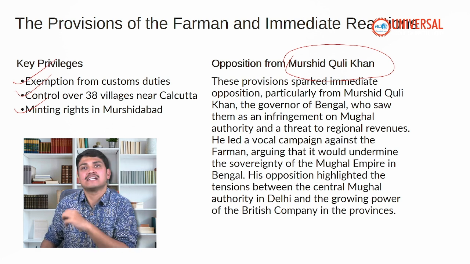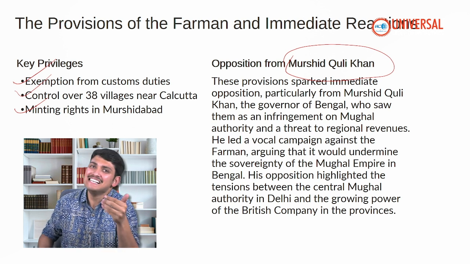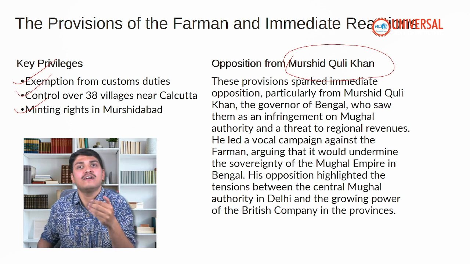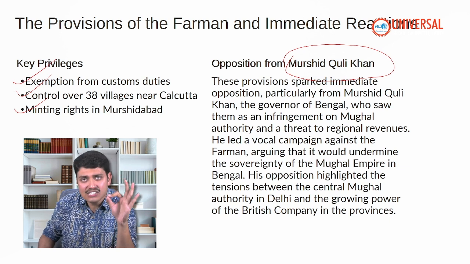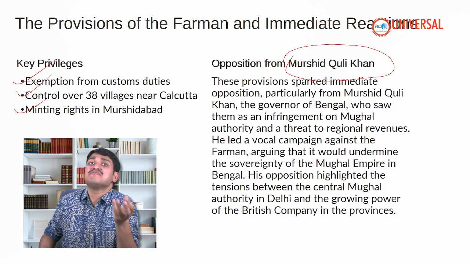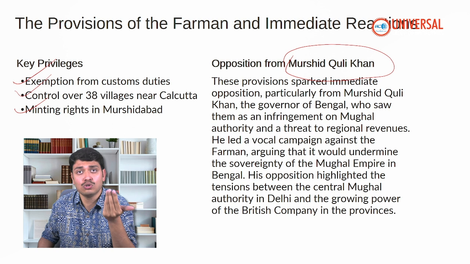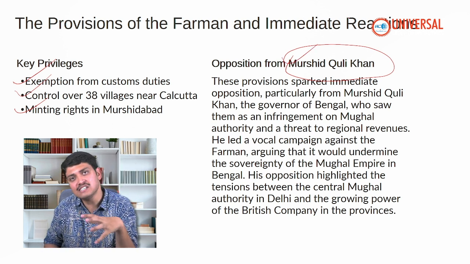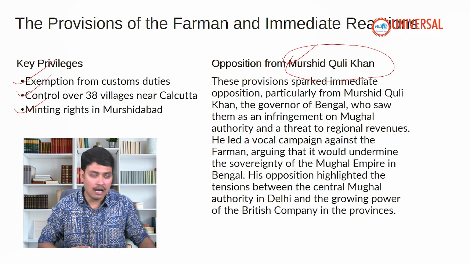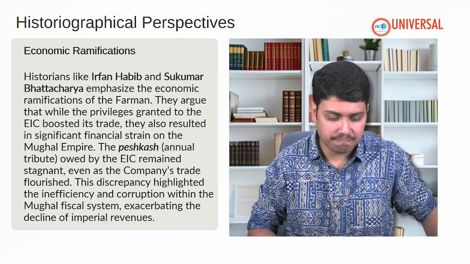But since the Farman was already given by Farrukhsiyar, the Mughal Emperor, his opposition did not have that much value. Although we can understand Murshid Kuli Khan's character from this opposition as students of history.